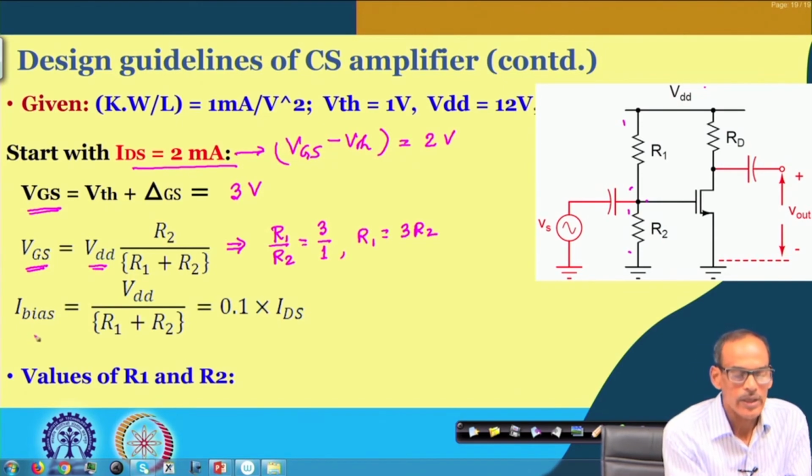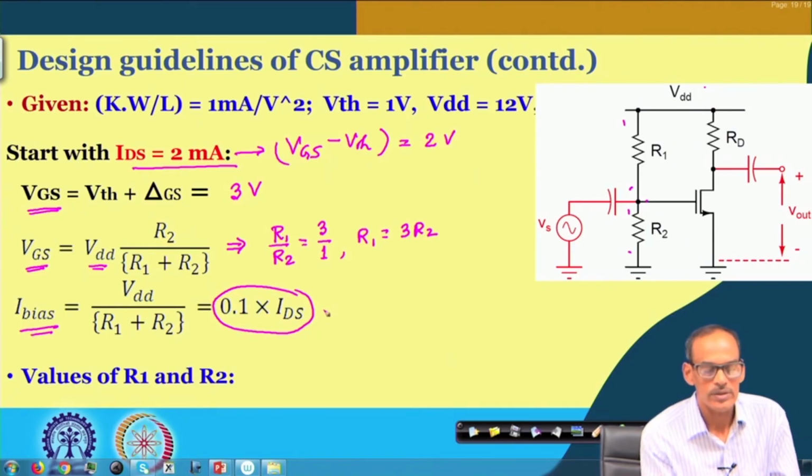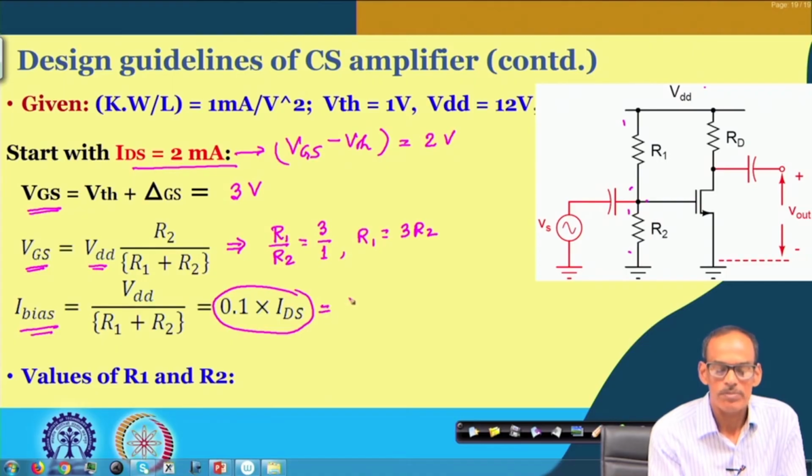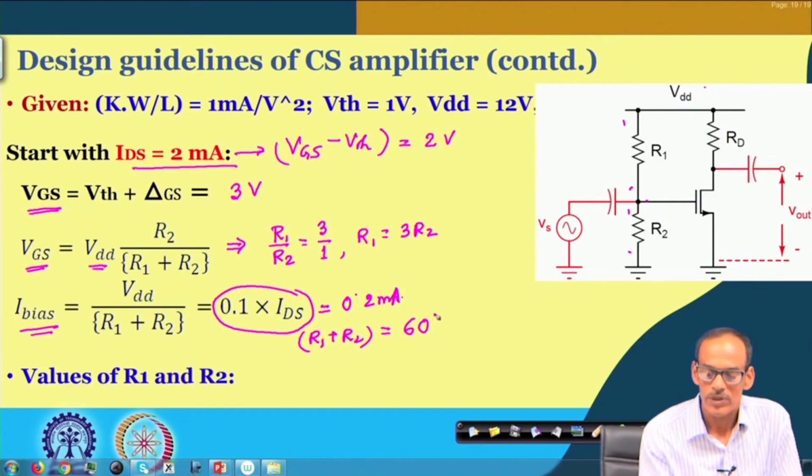And then again, if we target say bias current, it is just 10% of this IDS. So from that we can say this is 0.2 milliampere, and VDD is 12 volt. So that gives us R1 plus R2 equals 60 kilo ohm, and in addition to that we do have R1 equals 3 times R2.